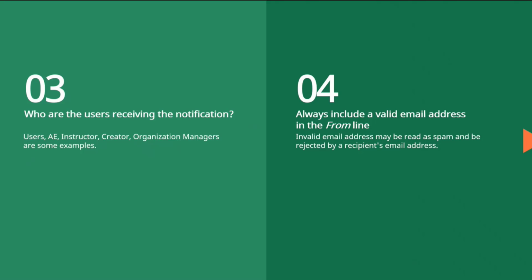But we ask that you always include a valid email address when you're building this out in the front line, because if you have an invalid email address, or for example, it comes from automated notifications at skillable.com, sometimes that can be read and put in spam. So your user never receives that email.